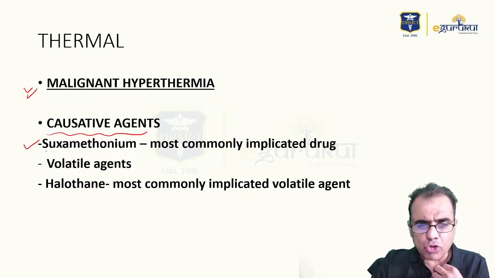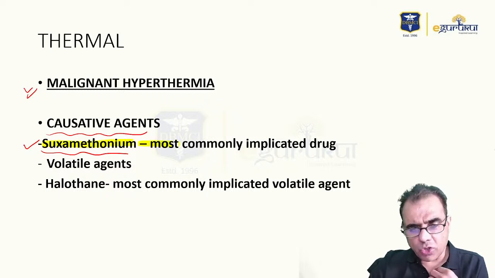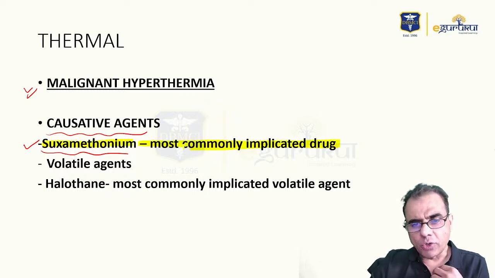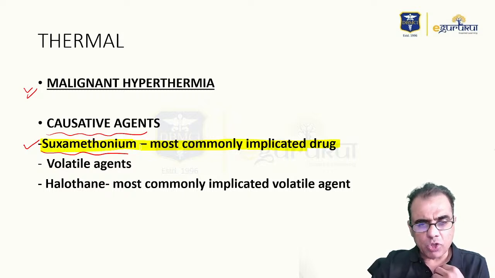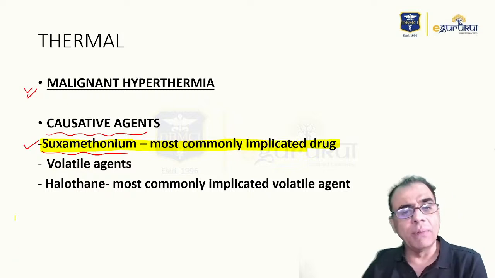The most commonly implicated drug is succinylcholine. So succinylcholine is the most commonly implicated drug to trigger malignant hyperthermia.